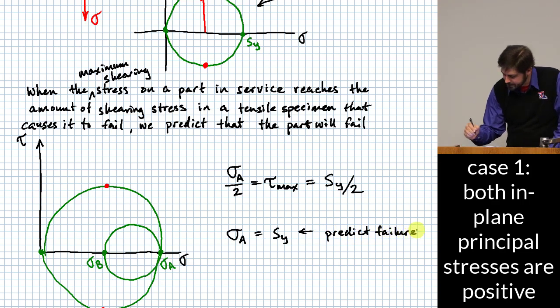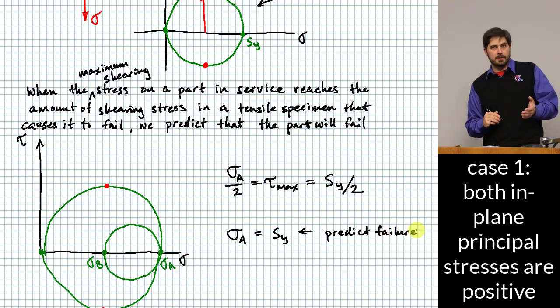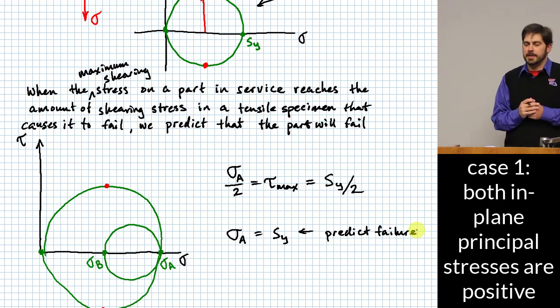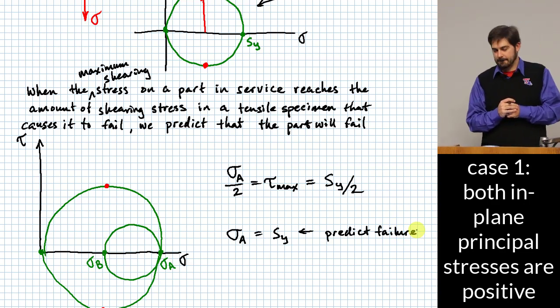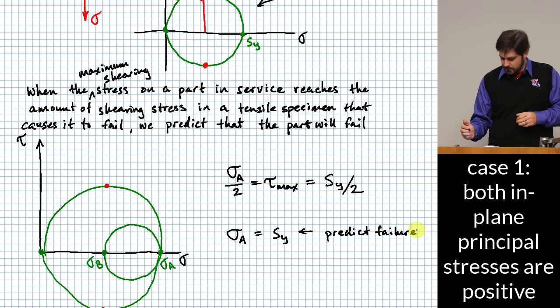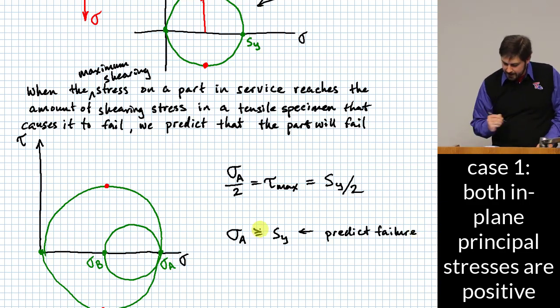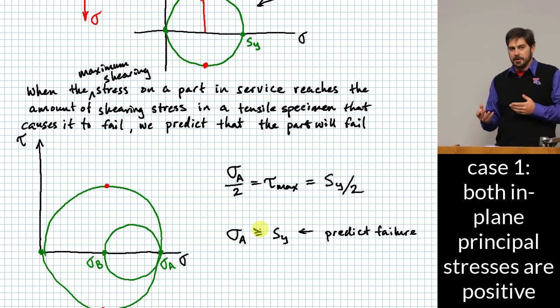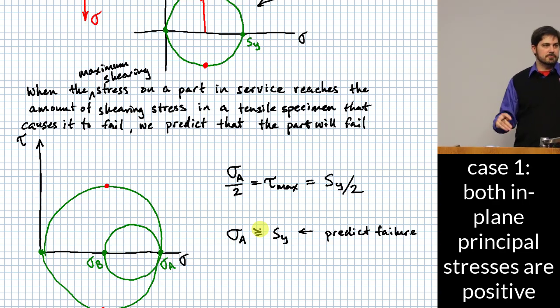And actually, I'm going to state it in terms of an inequality. What inequality would we predict failure, would you think? If sigma A is greater than or equal to, right? If sigma A becomes greater than or equal to your yielding strength, then you predict failure.